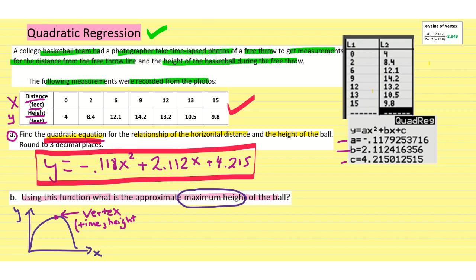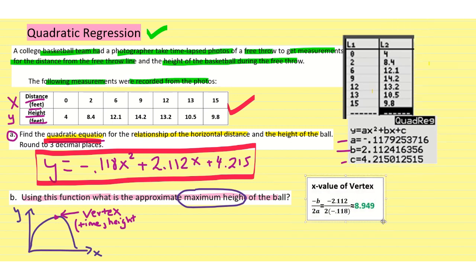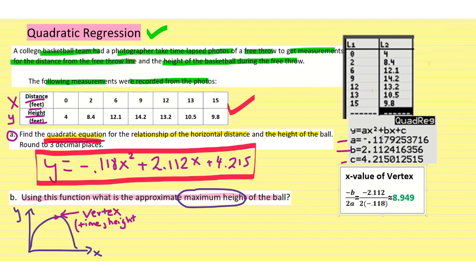Well, we are going to use what I refer to as the magic bullet to find the x value of the vertex. So the magic bullet that I refer to is negative b over 2a. That little formula, little fraction, is going to give us the x value of the vertex.